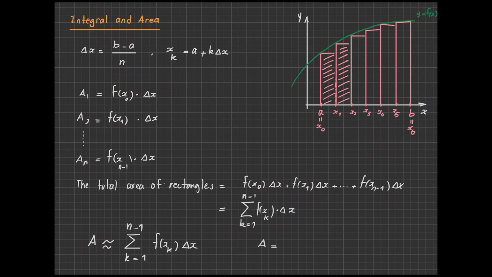If I make 1,000 rectangles, the approximation is better. If I make 1 million rectangles, the approximation is even better. But if you are a perfectionist, what do you prefer? Yeah, you make it infinitely many. But of course, being a perfectionist is probably not a good idea in this world, because the world is not perfect.